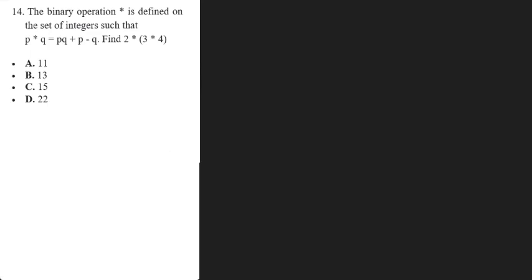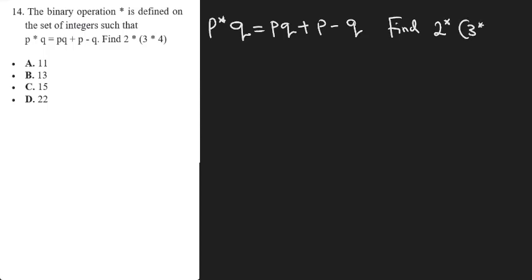Alright, question 14. The question says the binary operation asterisk is defined on the set of integers such that p asterisk q is equal to pq plus p minus q, right? We should find 2 asterisk (3 asterisk 4). So how are you going to go about this?